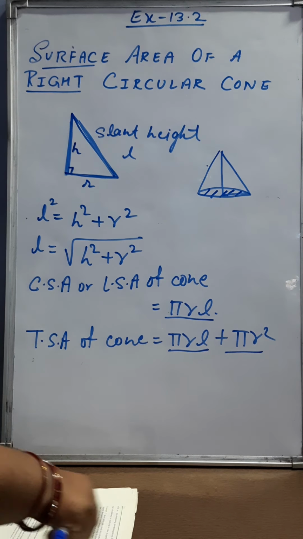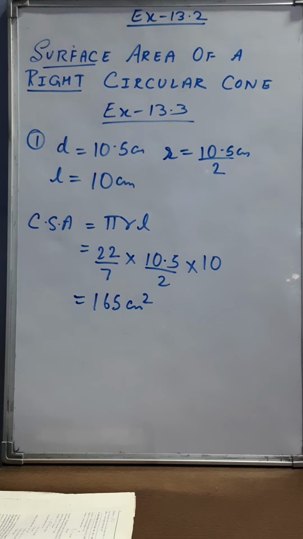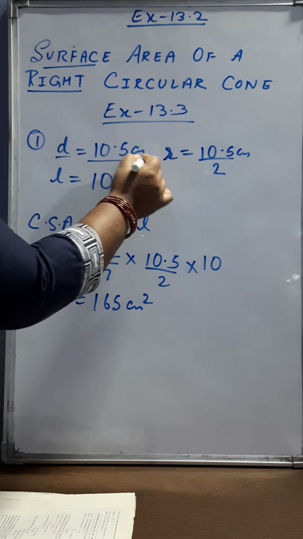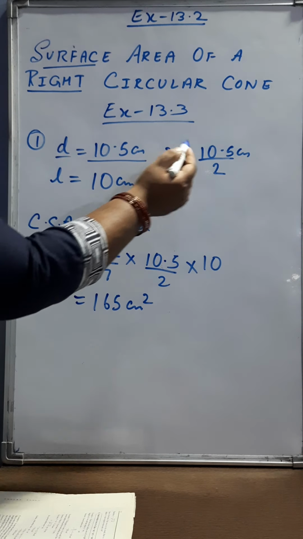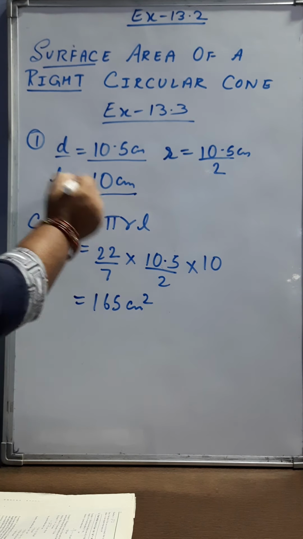Now we will see few questions based on right circular cone. So first question of exercise 13.3 is taken, which says that diameter of a base of a cone is 10.5 cm and its slant height is 10 cm. Find its curved surface area. So see, diameter is 10.5 cm, so definitely its radius will be 10.5 by 2 cm, and slant height is given 10 cm.